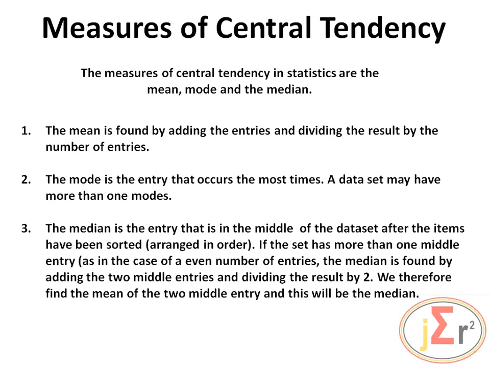And of course we use the arithmetic mean, which is found by adding all of the entries and dividing the result by the number of entries. So those central tendencies represent single items of data that may be used to give a picture of the information in the set as a whole.